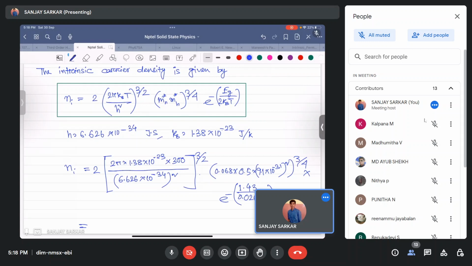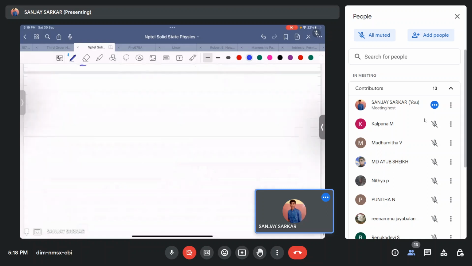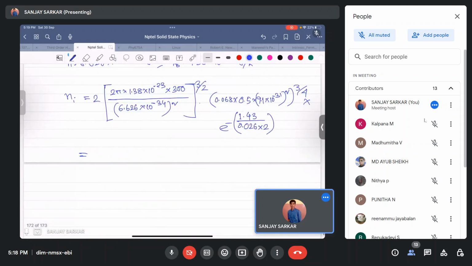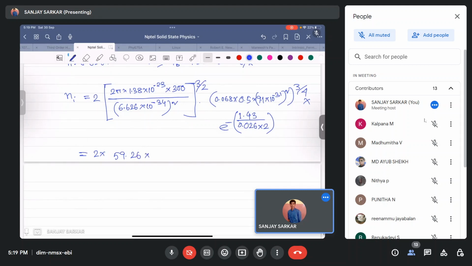So you can do it step by step. 2 into this value is given as 59.26 into 10 to the power. So okay, this can be also determined.